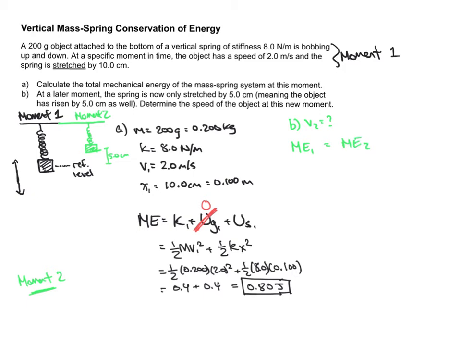Mechanical energy is conserved. ME1 equals the sum of the kinetic and potential energy at moment 2. That's what mechanical energy is, the sum of kinetic and potential. And unfortunately, I don't feel like we have any zeros here, so we're just going to have to suck it up and write all the formulas out.